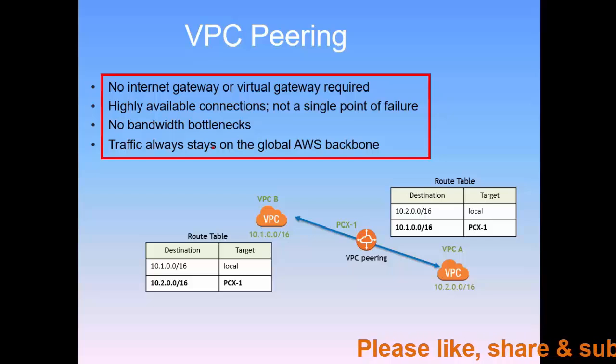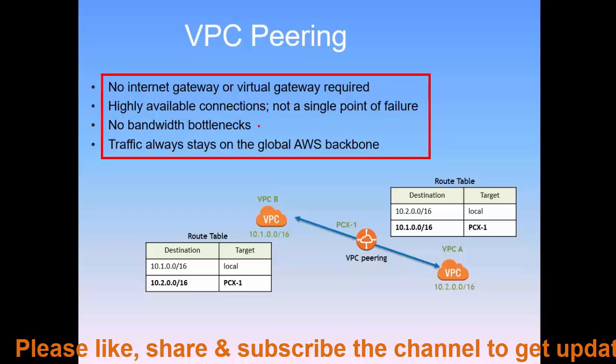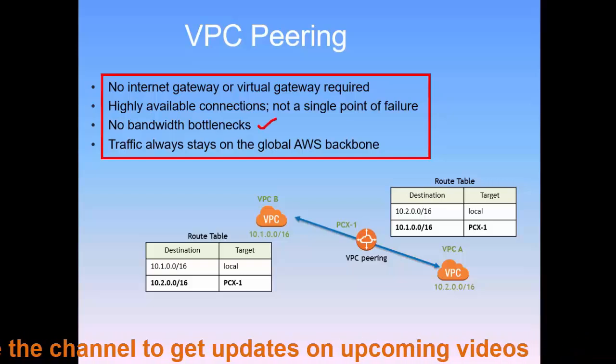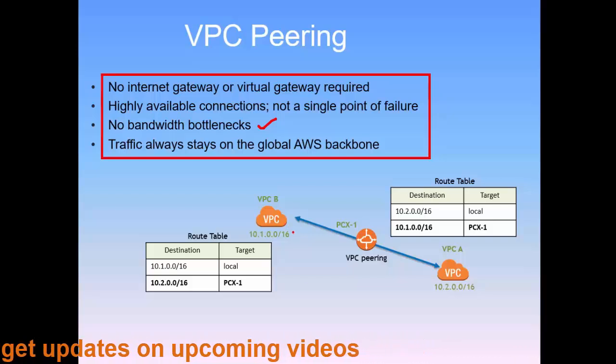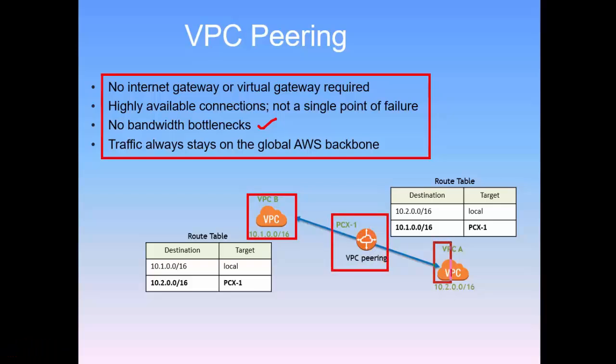Traffic always stays on the AWS global backbone. Naturally, it's very high speed, so no bottleneck, no congestion in the network.